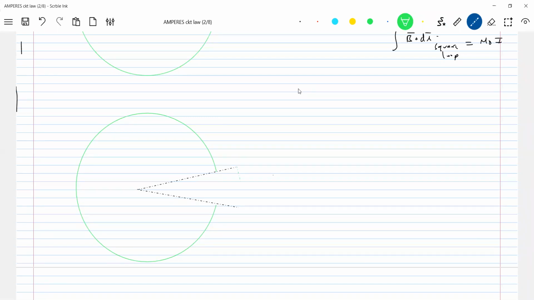Okay, this is the notch I produced. All of you, notch. Okay, this one. And the loop has taken a shape like this.